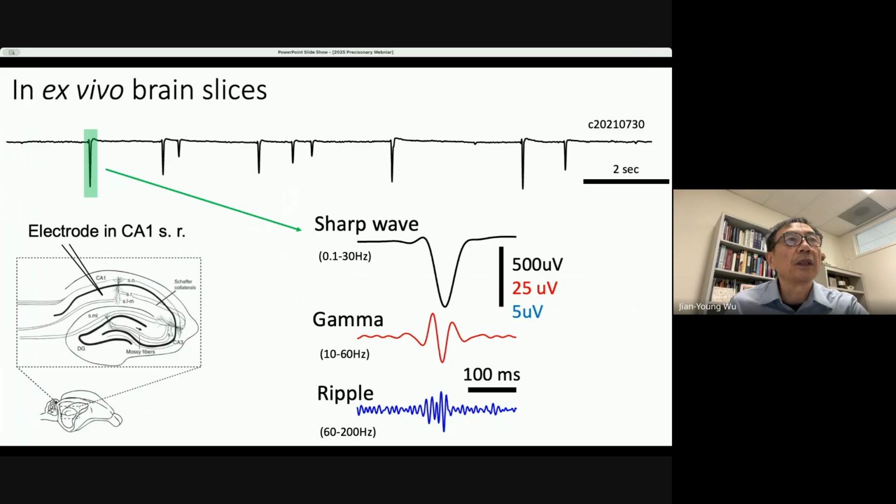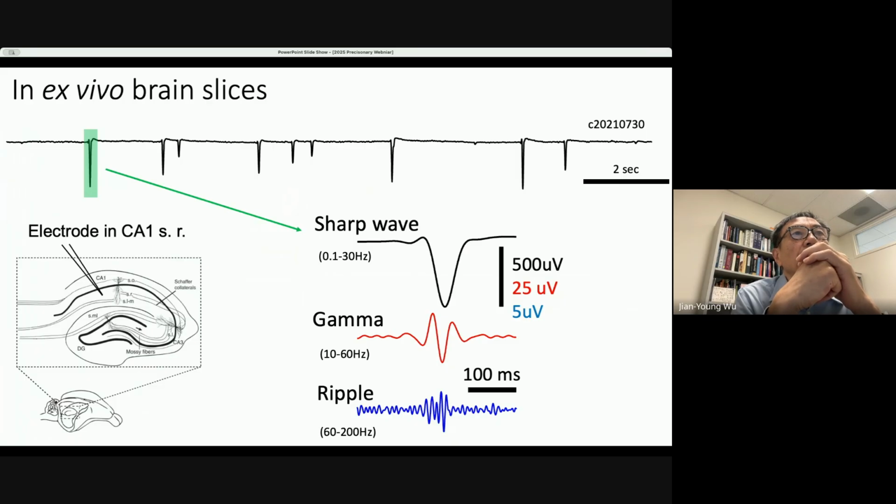Usually we put an electrode in the stratum radiatum in the CA1 area, as shown in the left panel. Those are hippocampal slices. You can see CA1, on the bottom is the dentate gyrus, and on the right is CA3, and then there are mossy fibers connecting to CA1.